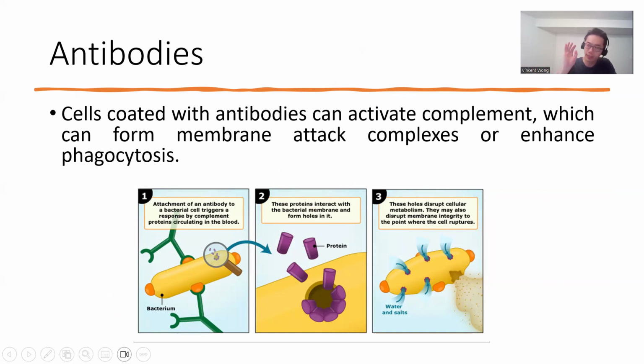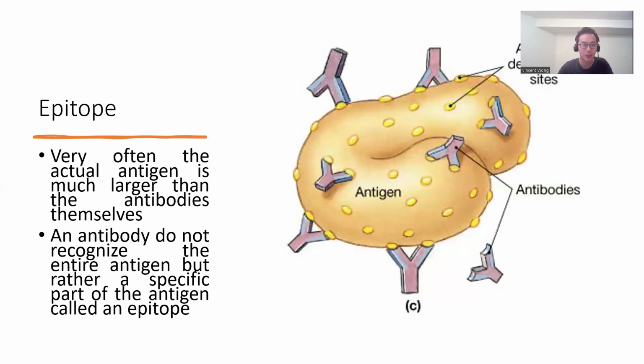Now, the next thing is going to be even more confusing. On top of the antigen and the pathogen, there's another thing called an epitope. It turns out the antigen is still quite big for the antibody to recognize as a whole. So many times the antibodies will only recognize a small portion of the whole antigen.